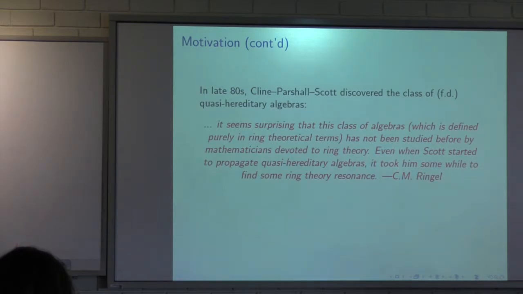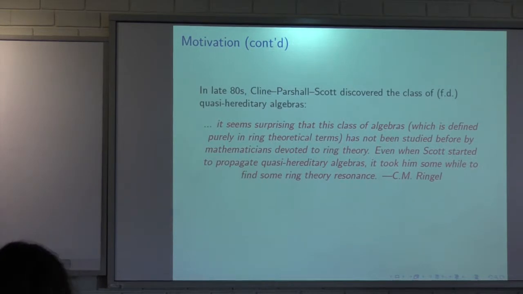It seems surprising that this class of algebras has not been studied before by mathematicians devoted to research. Because Cline, Parshall and Scott were actually working on the representation theory of algebraic groups, nothing to do with the representation of finite dimensional algebras.